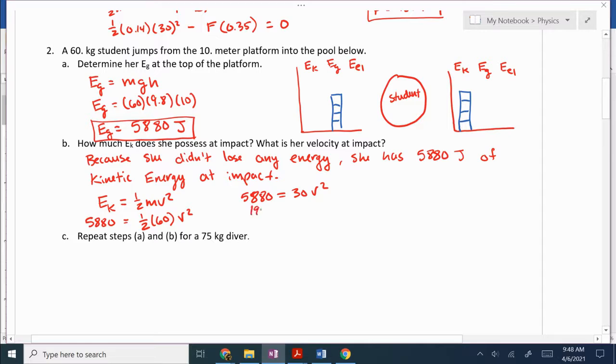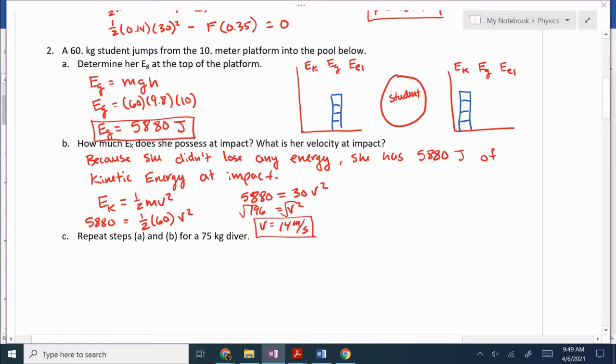That gives us 196 equals v squared, and so the square root of 196, v, is equal to 14 meters per second.